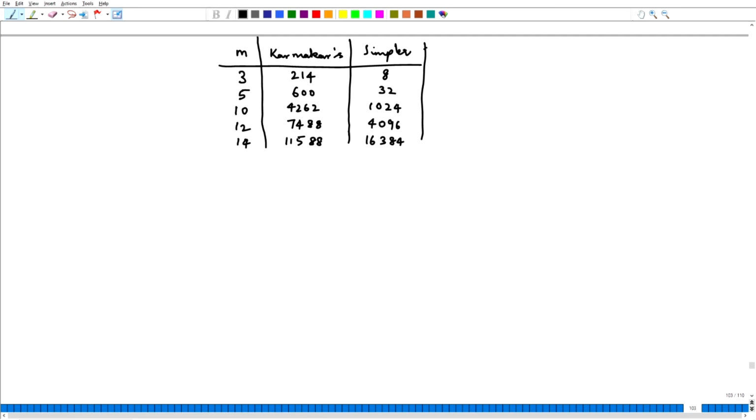But this is not surprising, because 2 power m seems to be a very small number when you consider low values of m, since we have used m here.